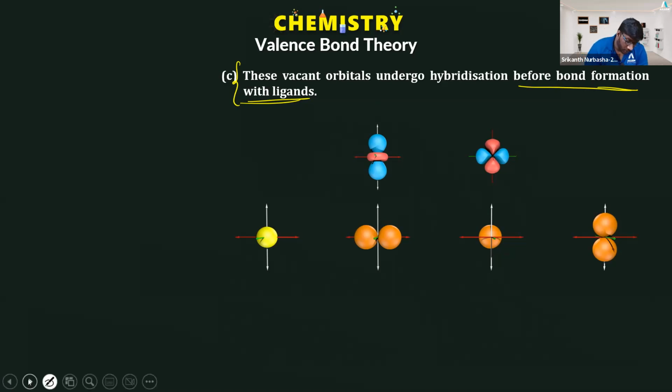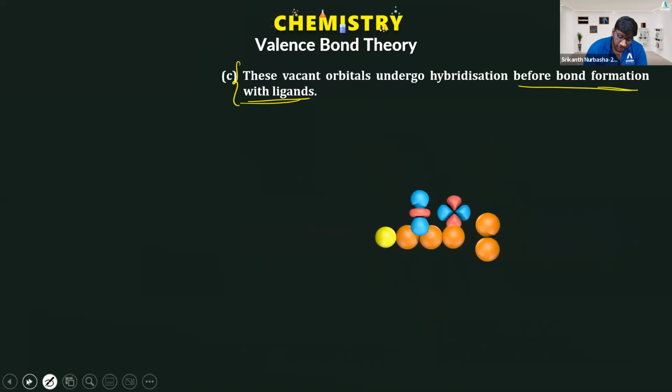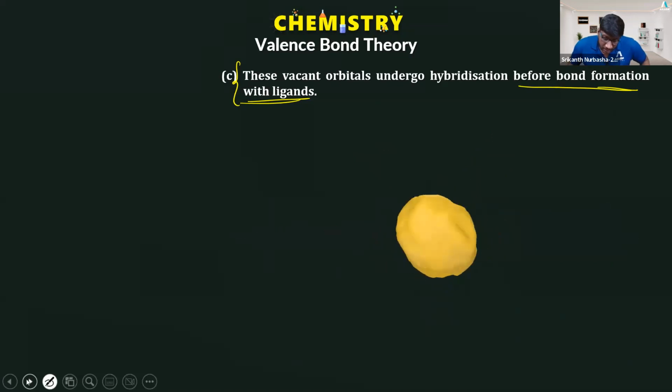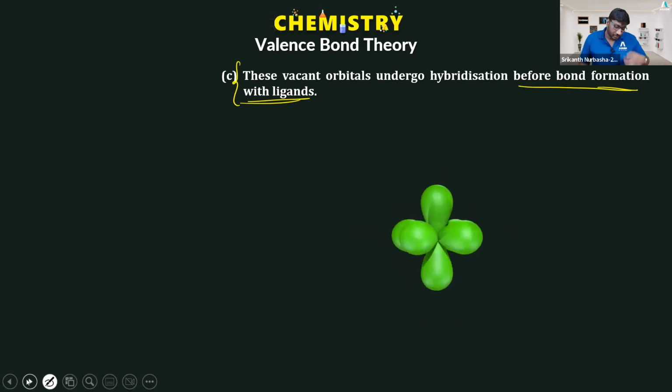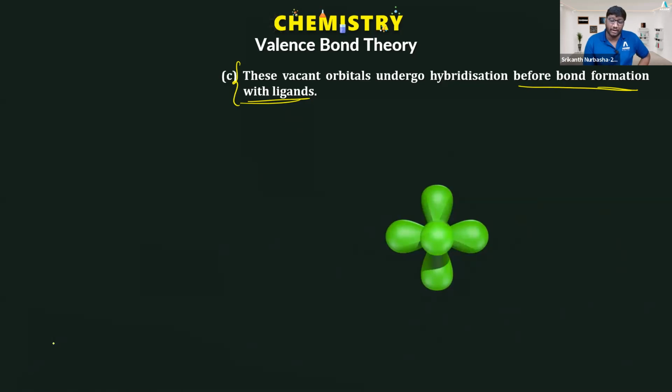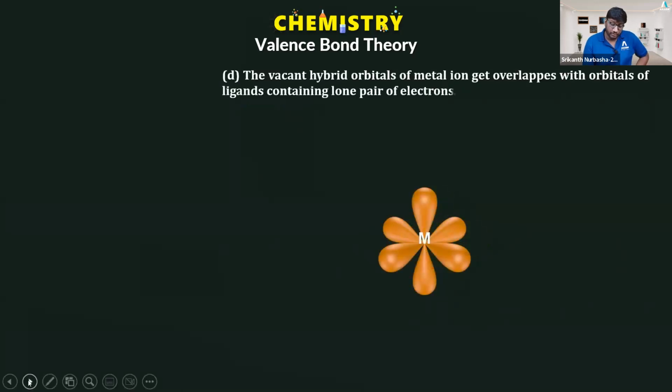All of them are going to be intermixing. If they intermix, they will form what? They will form 6 sp3d2 hybrid orbitals in case of FeCl6 3 minus. Yeah, the vacant hybrid orbitals.